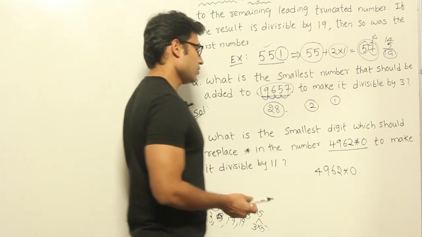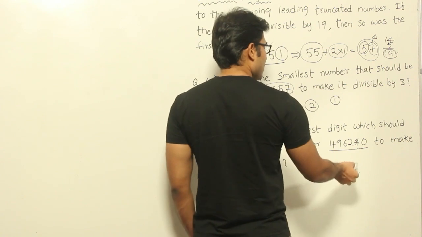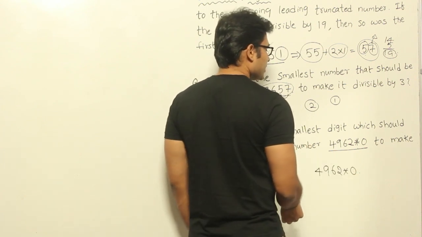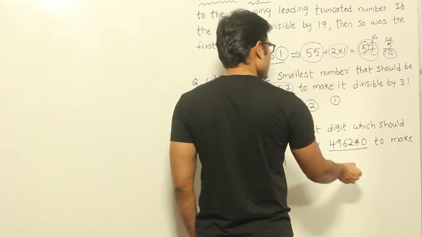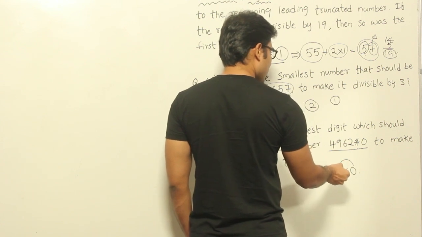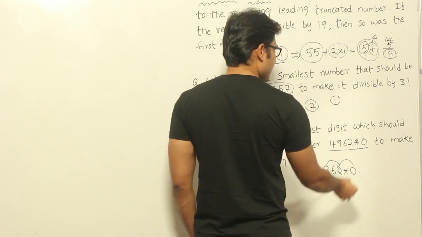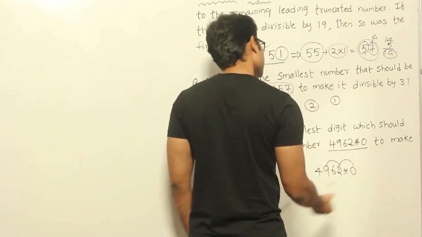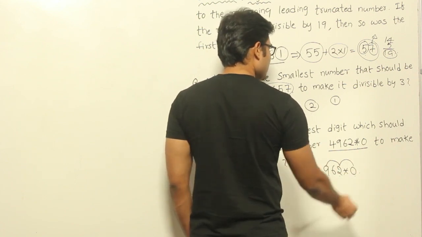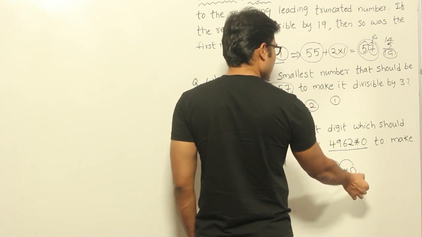So here, we have to find out the sum of the digits in the even places and the odd places, right? Which means they are actually alternating digits, right? So 9, 2, 0 all fall in, let's say, odd places if you start numbering from the units place.